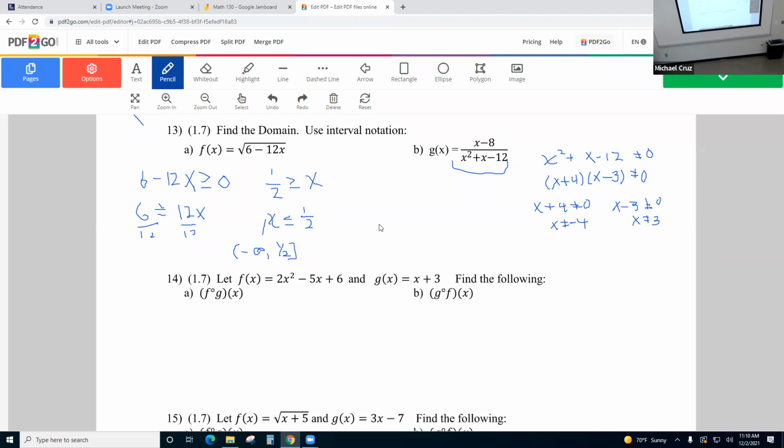The way that works is we go down to -infinity and come back up to -4. We have to use the parentheses there because it cannot be -4. Over here, this can be 0, but that's the lowest it can be.